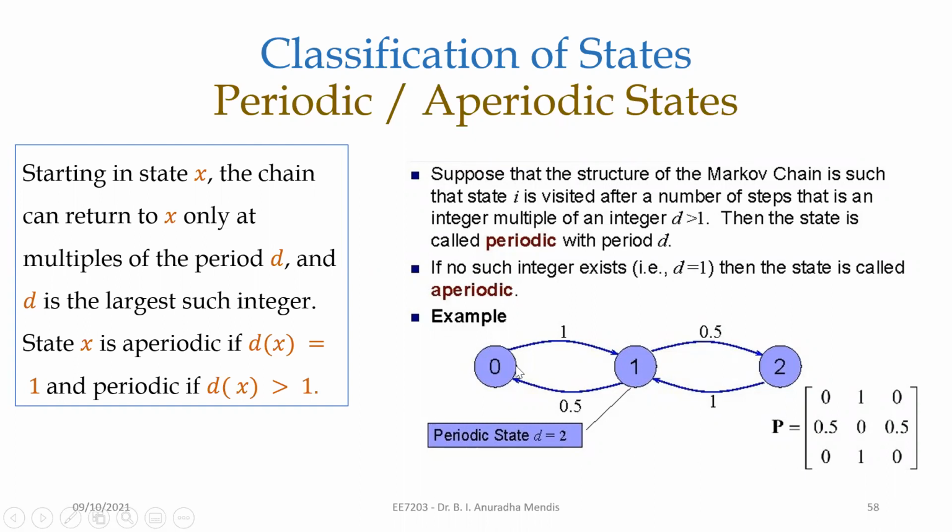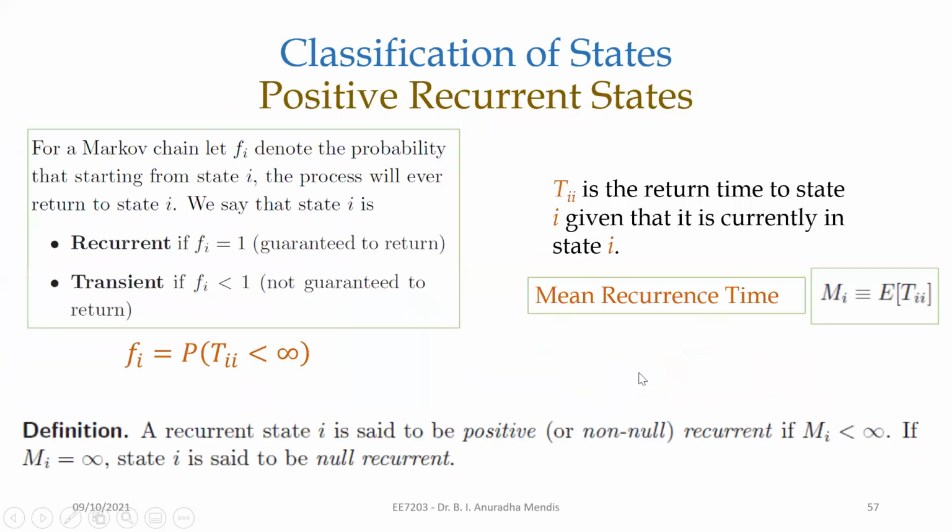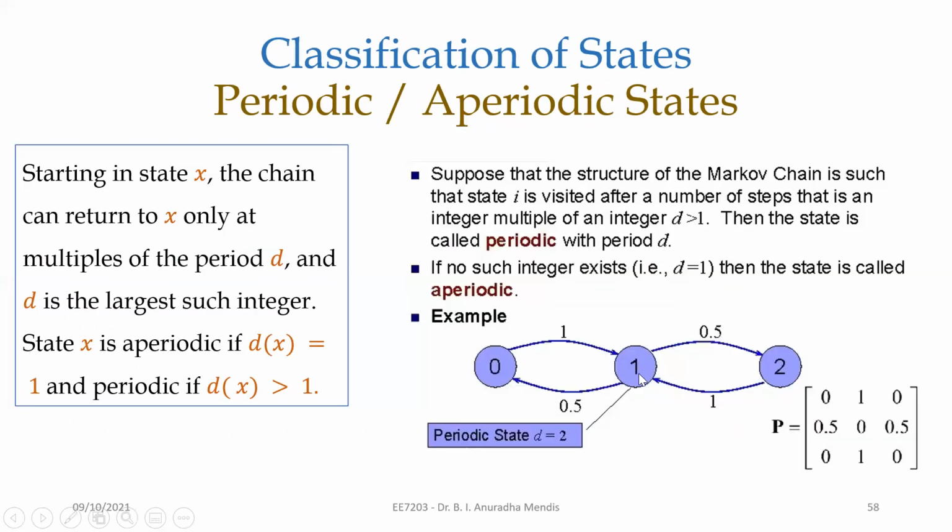Now, in this example, can you see if you are at state 0, what is the periodicity, if you come to again the same state 0? Now, from 0, you can go to 1. Okay. From 1, again, you can come to 0.